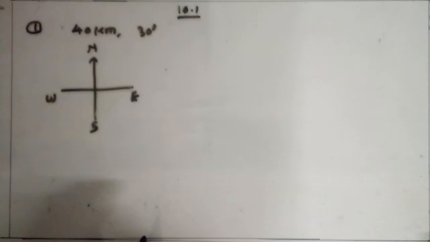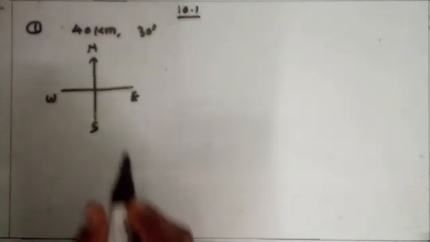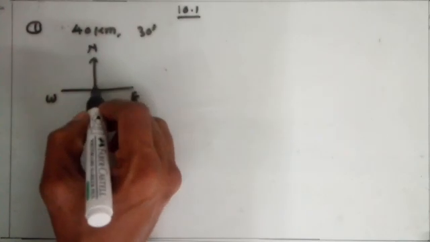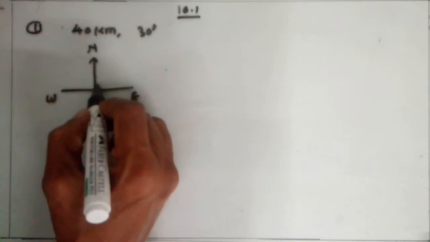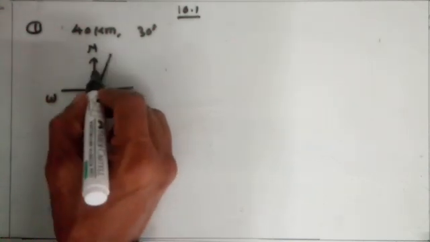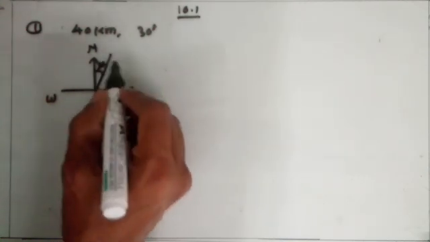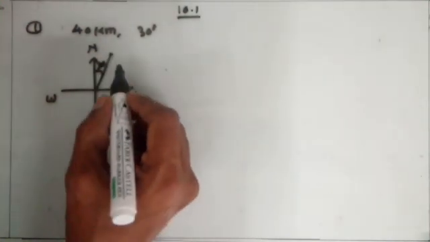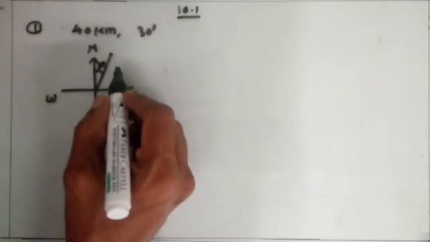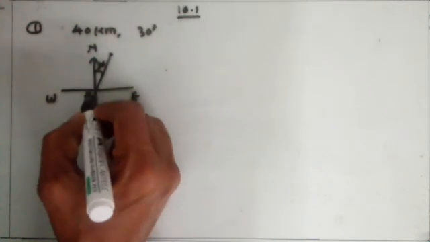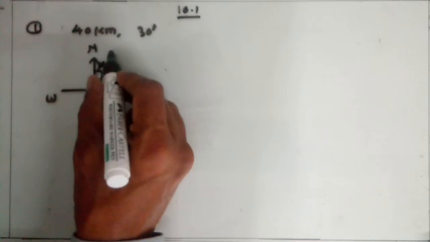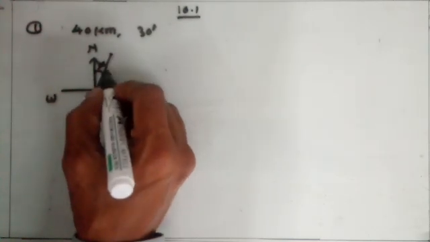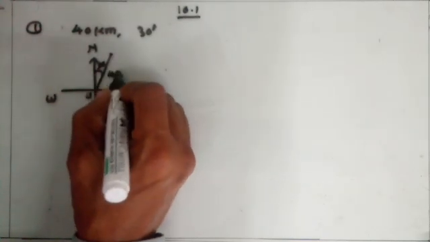Displacement 40 km, 30 degrees east of north. East is this side, 30 degrees of north. So this is the graphical representation. This line segment is equal to 40 km.